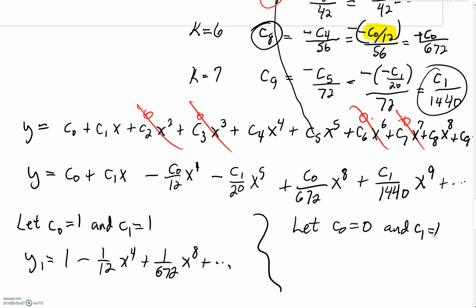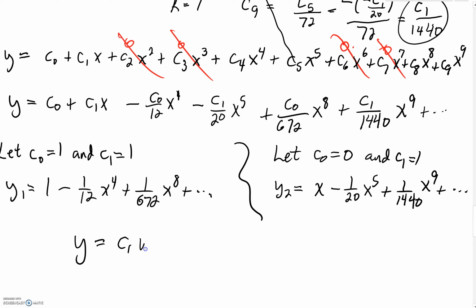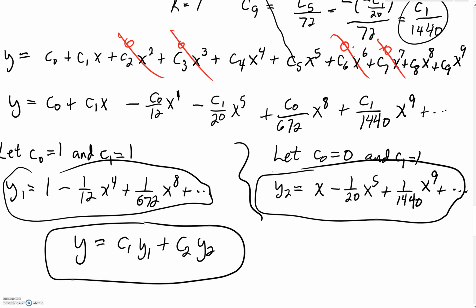Final answer, you could say, look, I'm going to take a general constant times y sub 1, a general constant times y sub 2, where y sub 1 and y sub 2 are right here. C sub 1 times y sub 1, C sub 2 times y sub 2. That's that theorem that says we should be able to come up with two distinct power series, and we add a linear combination of them.